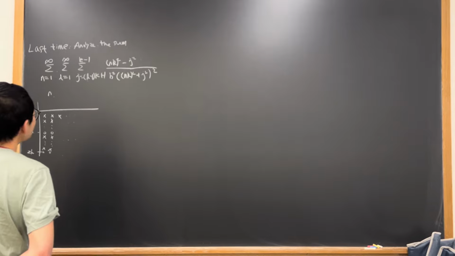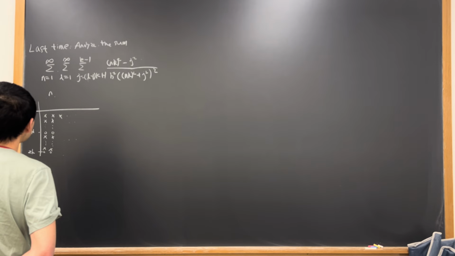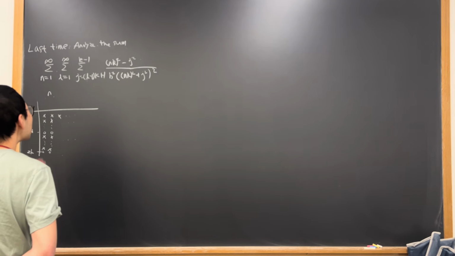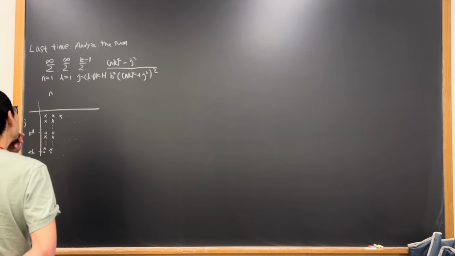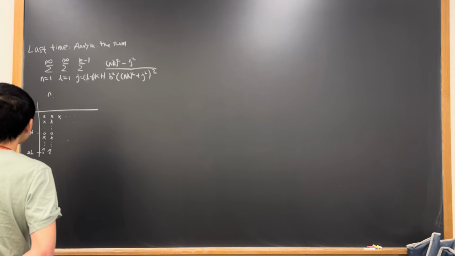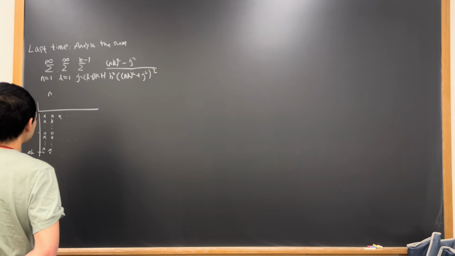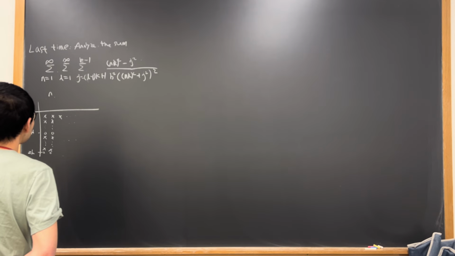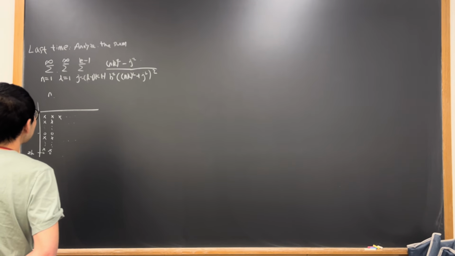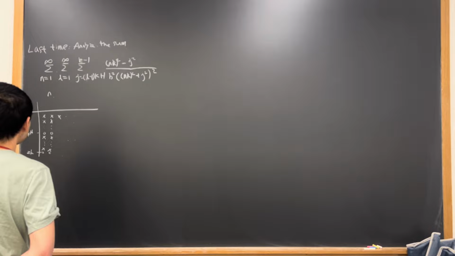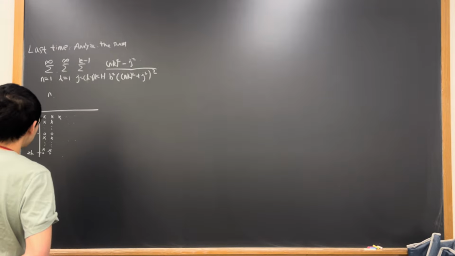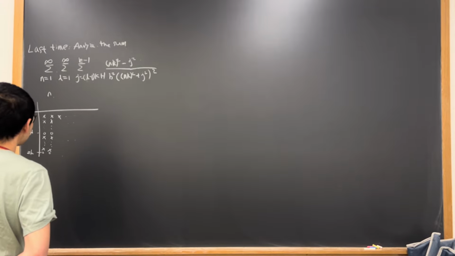So if the J does appear on the kth column, then if you sum over all the n's, if J appears on the kth column, right? I'm thinking of doing a review.